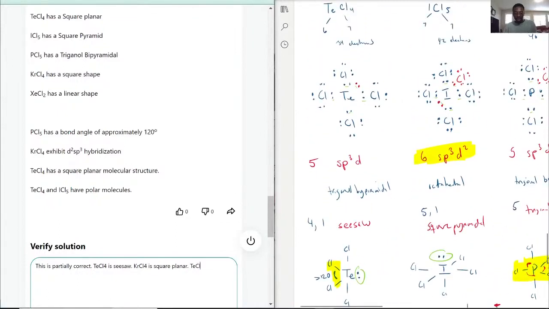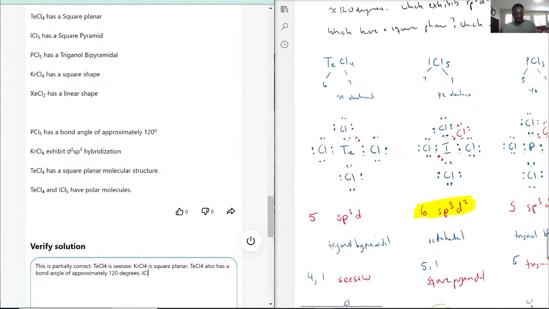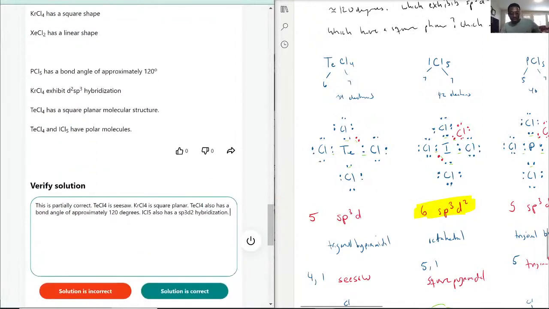TeCl4 also has a bond angle of approximately 120 degrees. What else did we put? Okay, ICl5 also has sp3d2 hybridization. Okay, I think that was everything that they covered here.